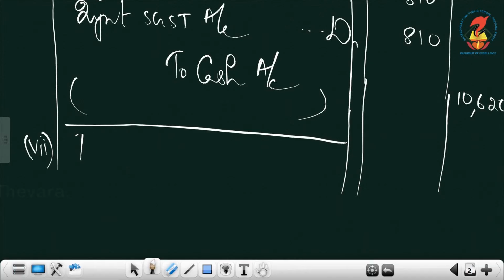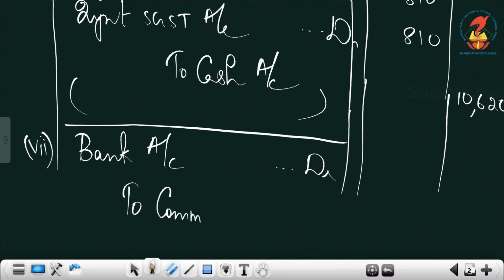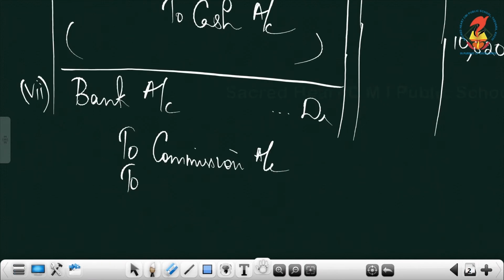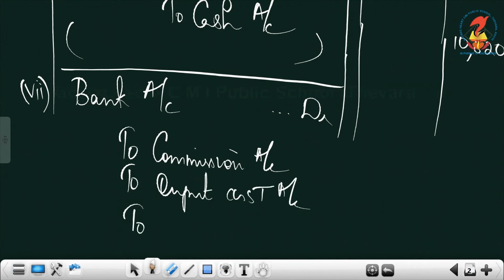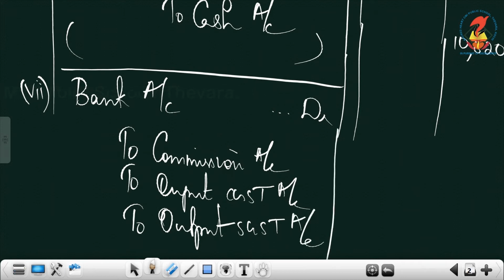Now the entry would be bank account debtor to commission account, to output CGST account, to output SGST account. Since we are collecting the amount, it is the output GST you have to write, and that is to be credited.